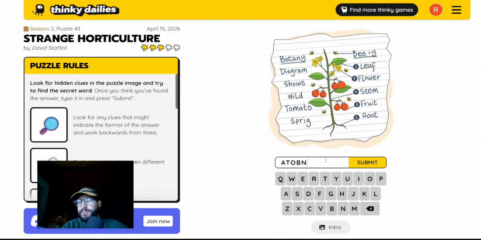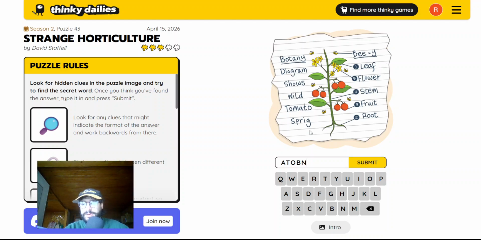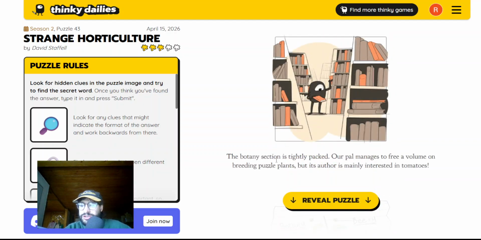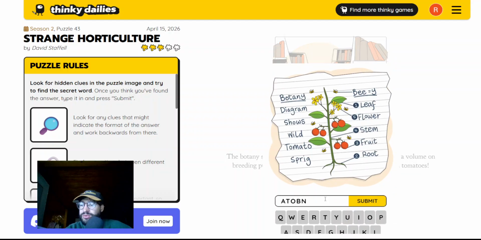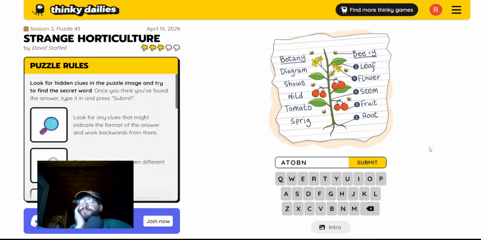I don't know, it's like botany diagram shows wild tomato spring. Let me see the intro. Maybe the intro has something. The botany section is tightly packed. Our pal manages to free a volume of breeding puzzle plants, but its author is mainly interested in tomatoes. Yeah, and we cannot add any number, right?